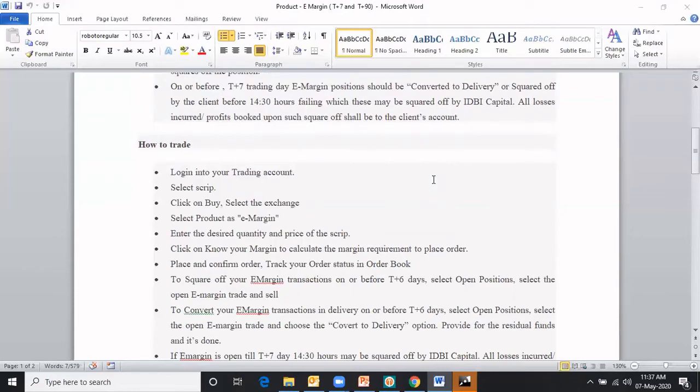If the stock corrects by say 15-20%, then IDBI Capital might be in a position wherein the loss will be from the pocket of IDBI Capital. So to prohibit that, at 60-70% mark to market positions, IDBI Capital RMS has the right to square up the position.